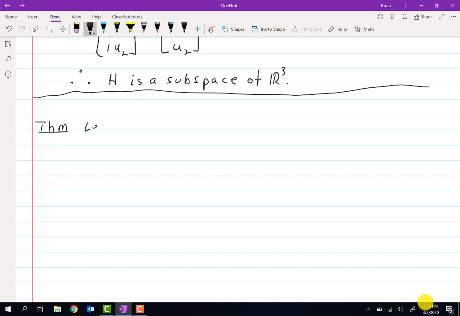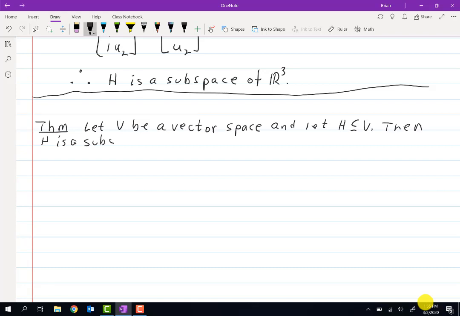With that in mind, let V be a vector space and let H be a subset of V. Then H is a subspace if we only have to check three things. 1, the 0 vector is in H. 2, for U and V in H, their sum has to be in H. So H has to be closed under addition.